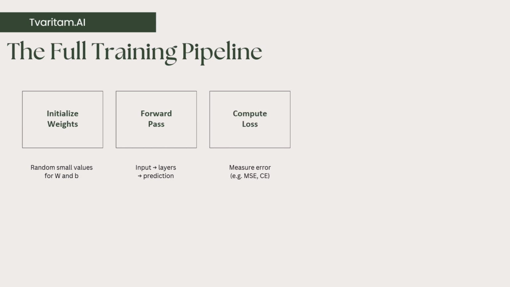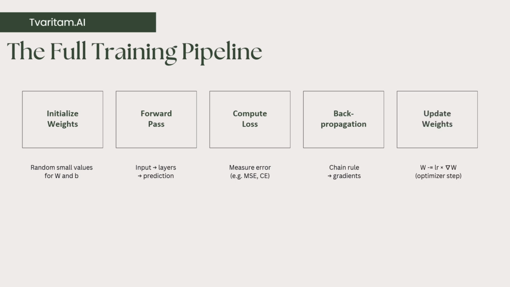Then we compute the loss, comparing the predictions against the actual values using the loss function. This could be mean squared error or something similar for classification problems. Then we do backpropagation, where chain rule is used to compute the gradient of the loss with respect to every weight. And last, we update these weights using an optimization algorithm like gradient descent.